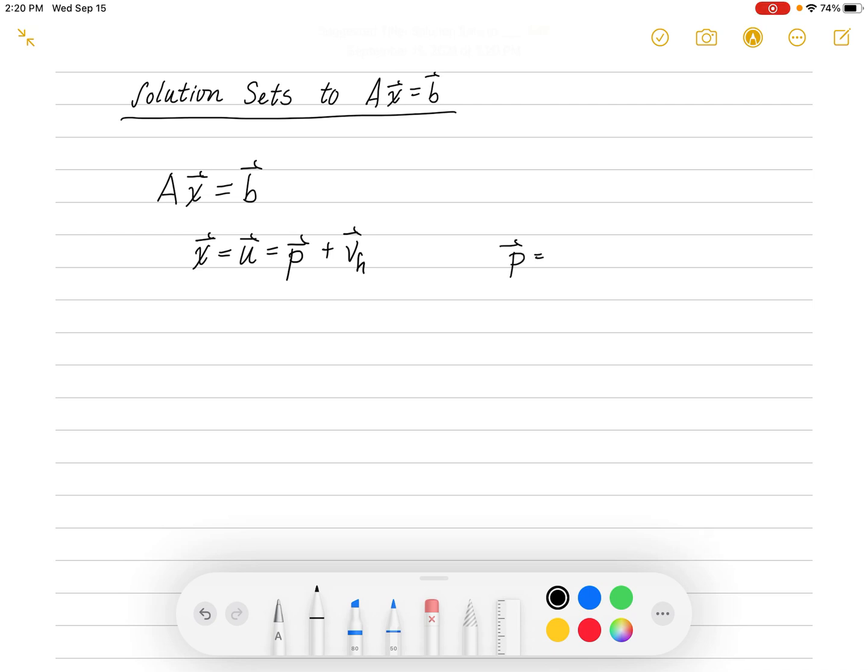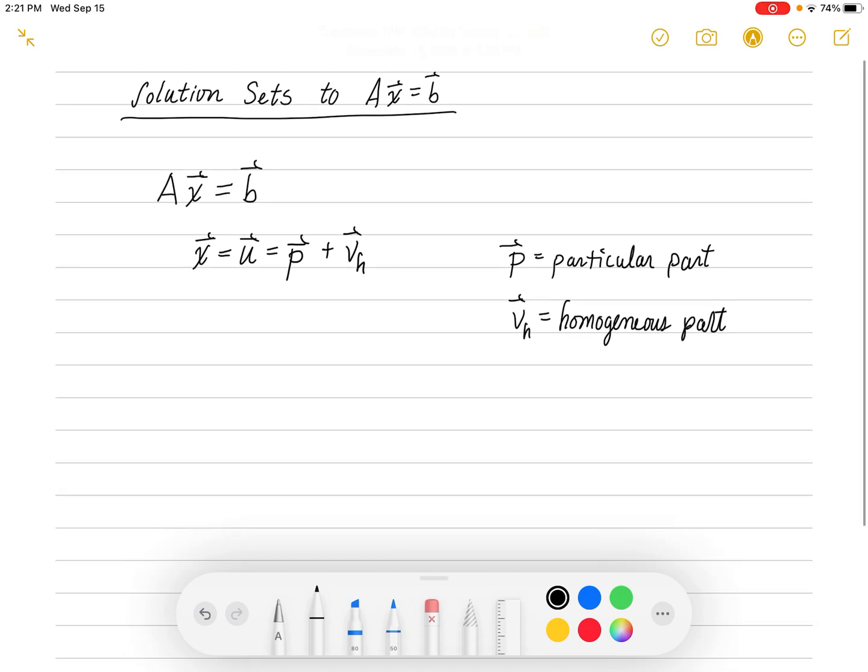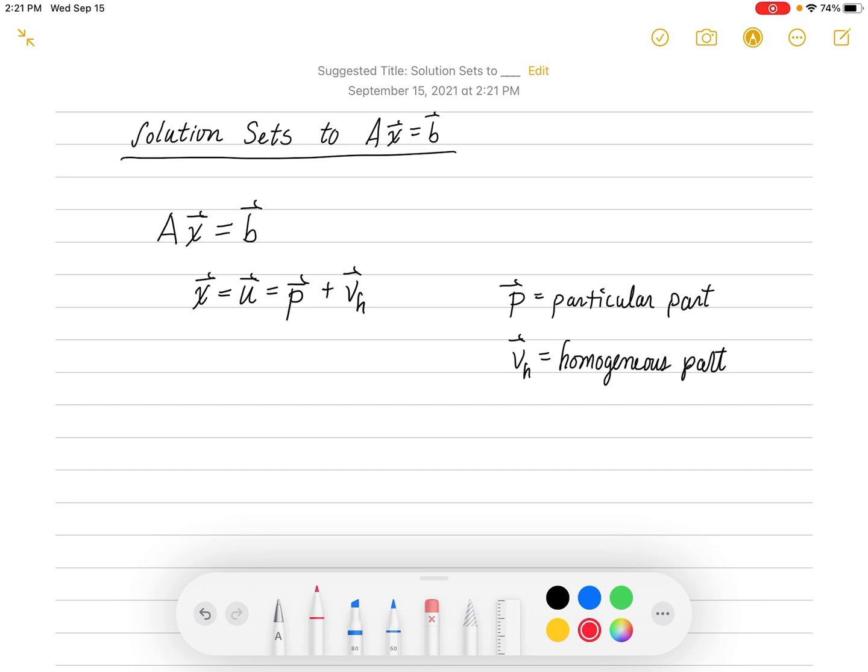So here, P is the particular part of the solution, and VH is what we're going to call the homogeneous part of the solution. And the way this works is I can plug in U here for X, and that'll work.